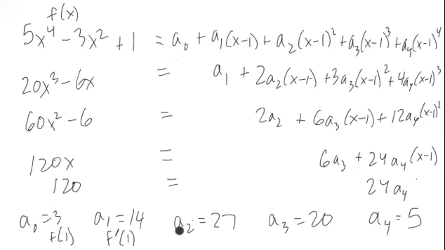Okay. How did we get a sub 2? Well, we plugged 1 into the second derivative, but then we divided by 2. Over here, we plugged 1 into the third derivative, then we divided by 6. Here we plugged 1 into the fourth derivative, and then we divided by 24.